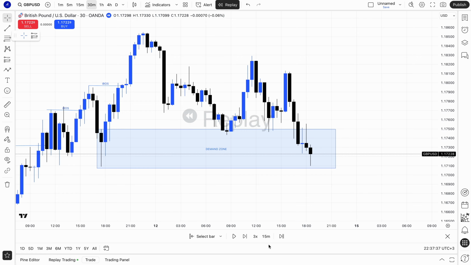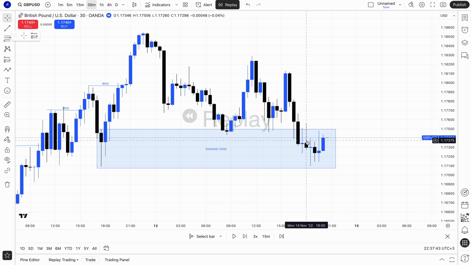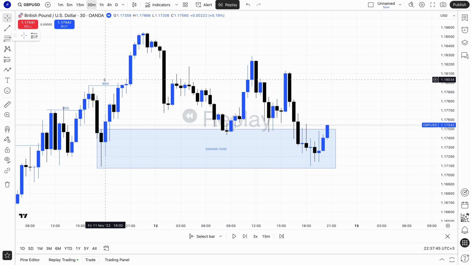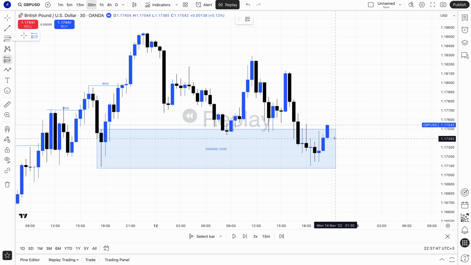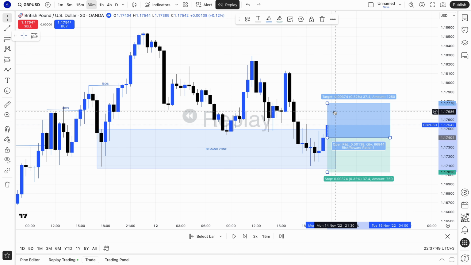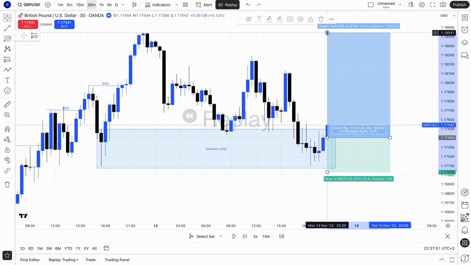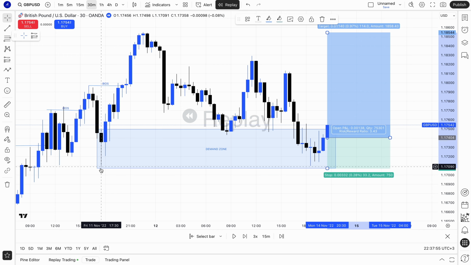Then we wait for the price from this extreme demand zone. After getting this candle close here, this is our entry. See our stop loss just below here.